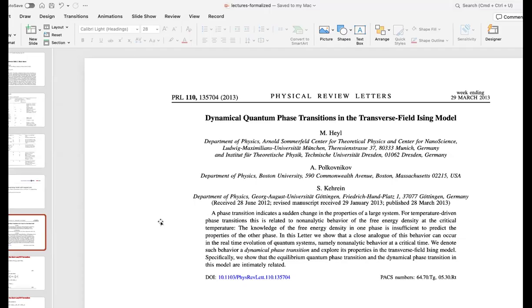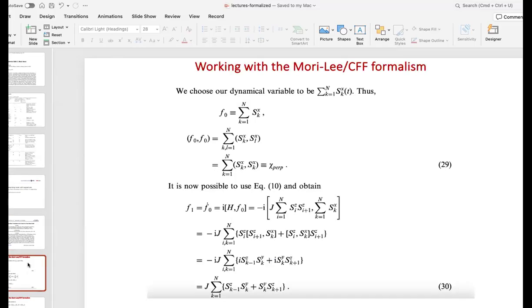And Subir then moved to Harvard. And so the quantum phase transition effort multiplied after he moved to Harvard. But the transverse Ising model has also been their bread and butter model. So there is a lot of interest in this model. And I wanted to mention that because if you don't know it, then you miss one of the big things that has caught people's attention in the transverse Ising models, the quantum applications.